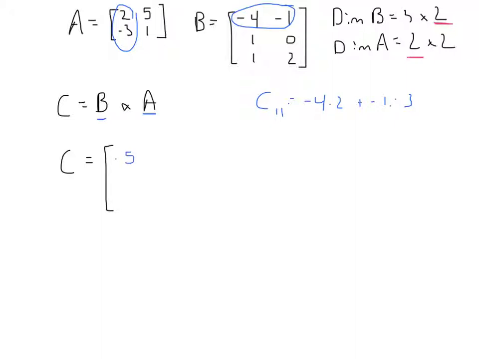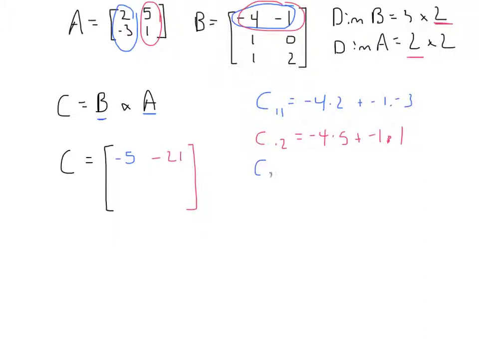And we'll go through the rest of this multiplication pretty quickly. For C12, we'll again have first row now times second column. We'll get negative 4 times 5 plus negative 1 times 1, and that's going to give us negative 21.